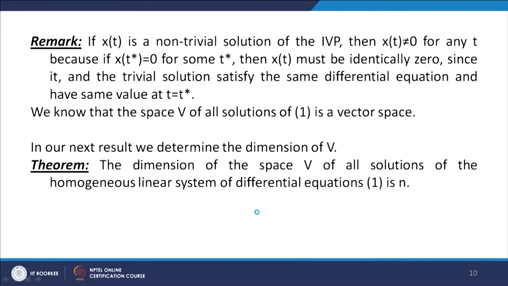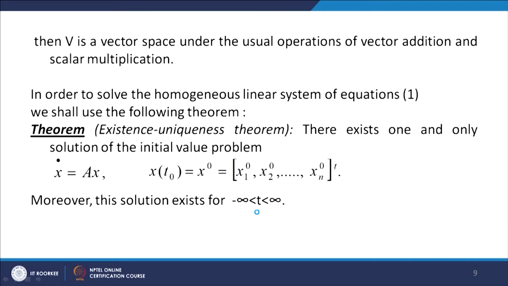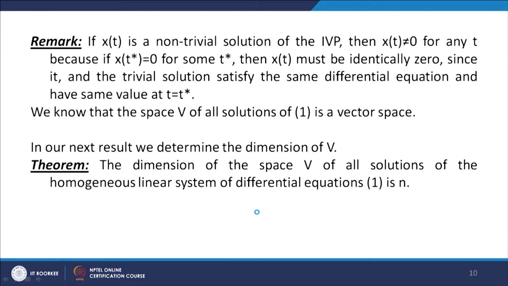Now let us look at this remark. If x(t) is a non-trivial solution of the initial value problem x dot equal to Ax, where x at t naught is given by the vector x naught, then x(t) cannot be 0 for any value of t. Because if x(t) is equal to 0 for some value of t, say t equal to t star, then x(t) must be identically 0.